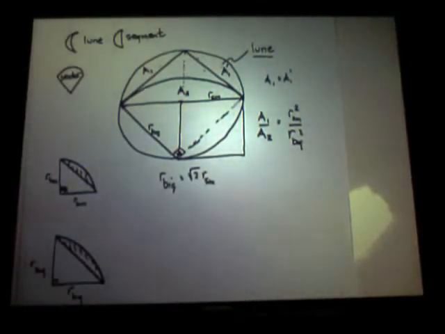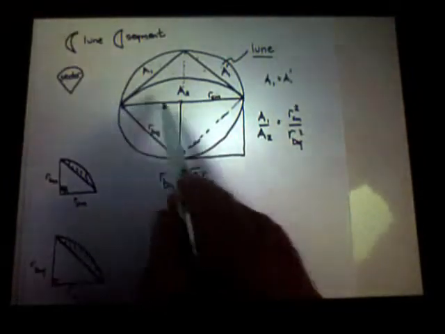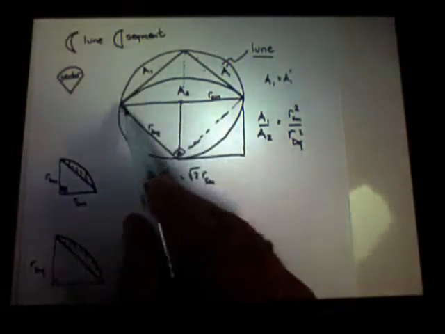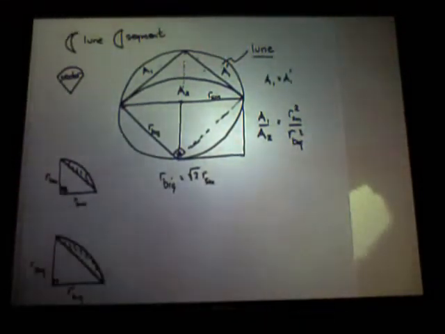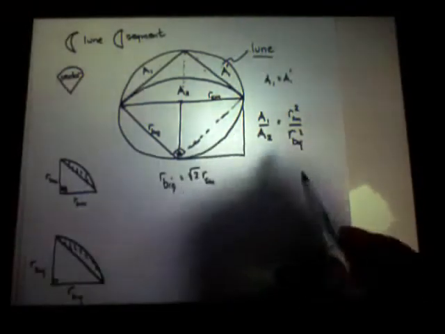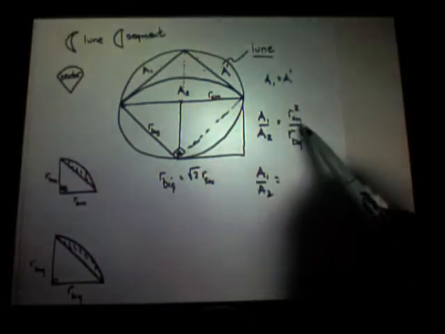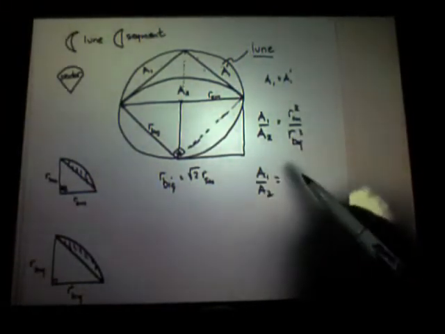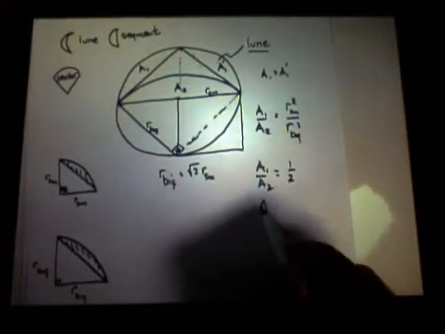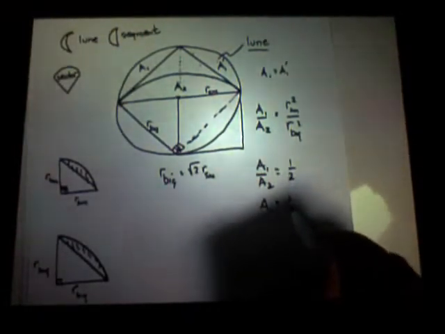Pythagorean theorem, r small squared plus r small squared is 2r small squared equals r big squared. So hence r big is the square root of 2 times r small. So the ratio A1 to A2 then is r small squared to square root of 2 times r small, that quantity squared. It's 1/2, right? A1, in other words, is 1/2 A2.